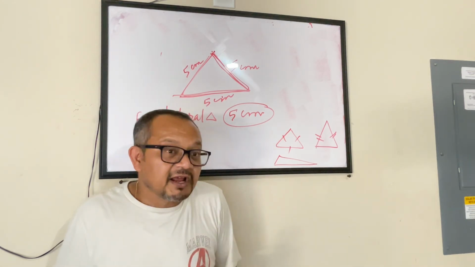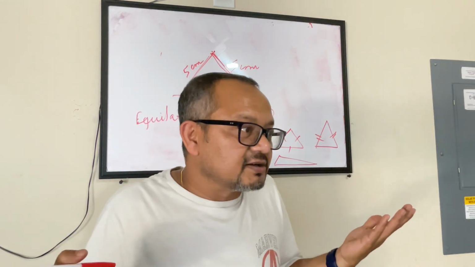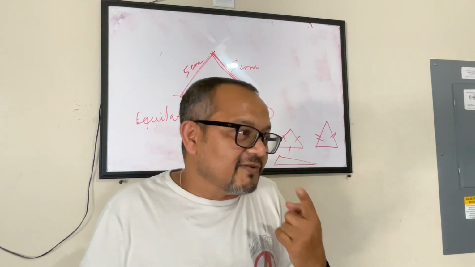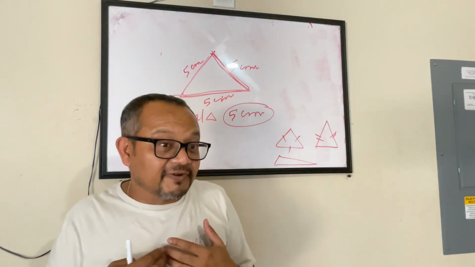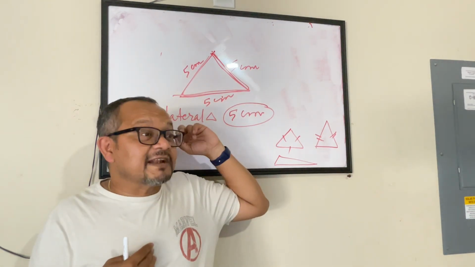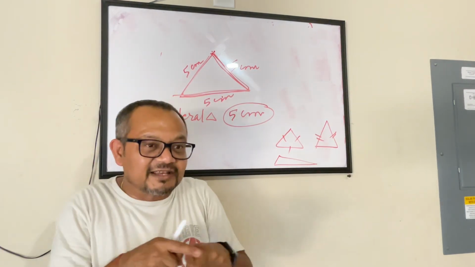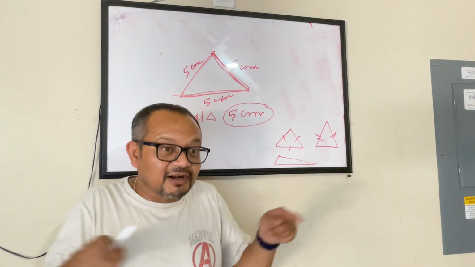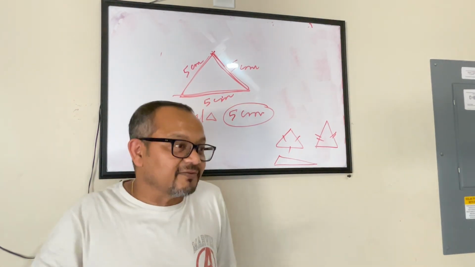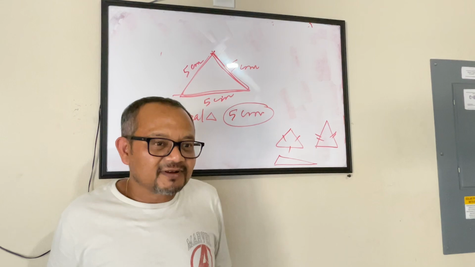If you did not, you would say, what about the two sides? You have given me only one side. That is where I would have told you, I am saying equilateral triangle. If you remember the property of equilateral triangle, every side is the same. So you don't have to know all the three sides. Just knowing one is enough. Make sense?